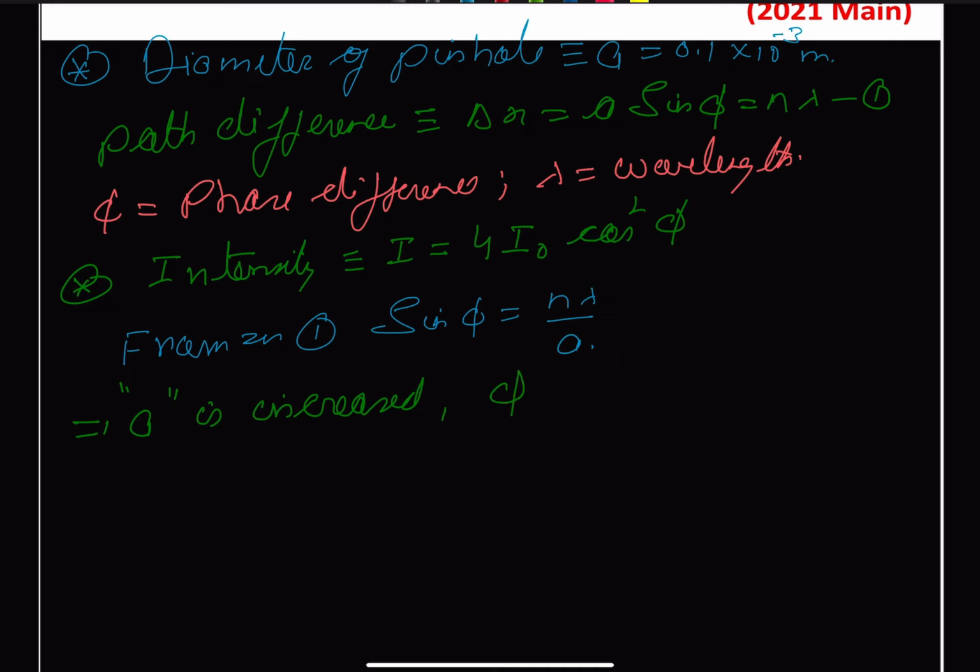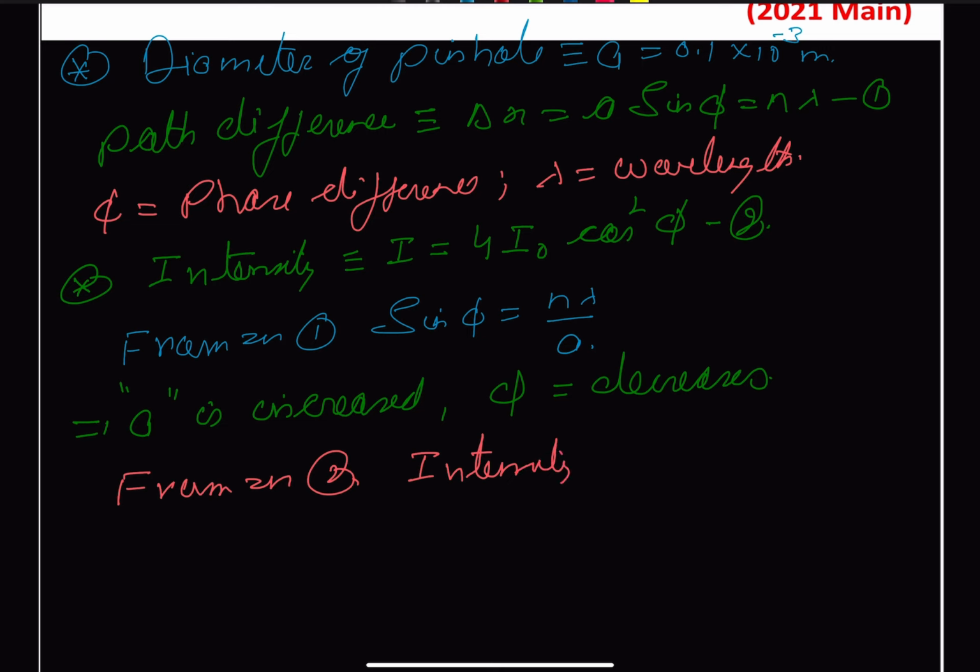So you can say phi decreases. And if phi decreases, we can say from equation 2 our intensity is going to increase. From equation 2, intensity increases.